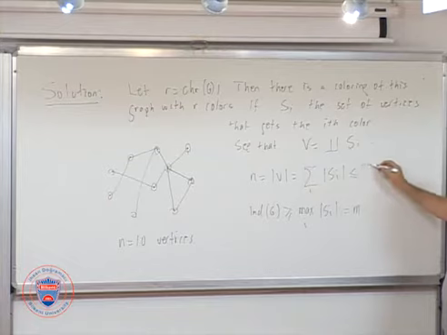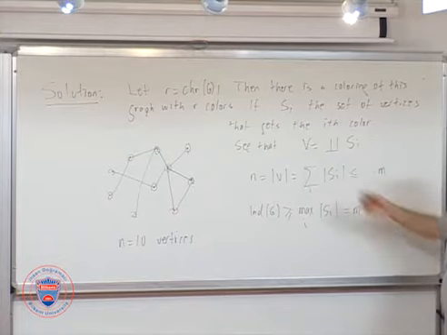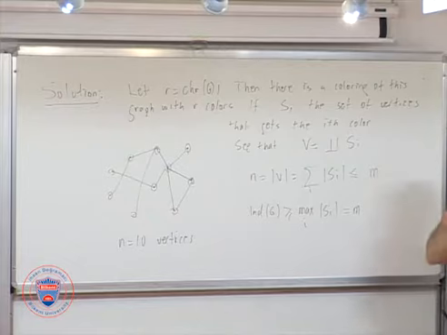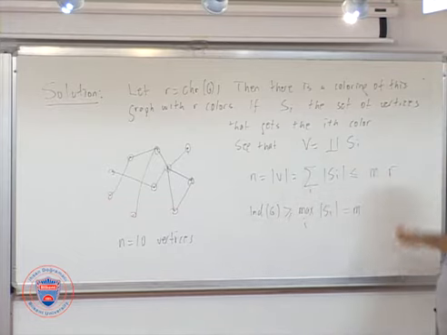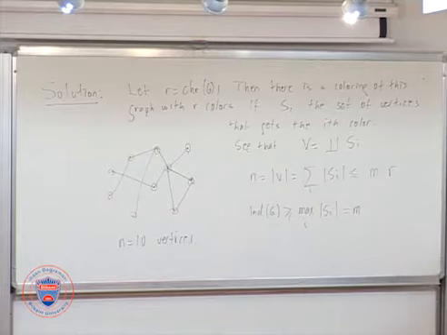So the sum is at most the maximum times the number of things you're summing. But what's the number of things you're summing? How many sets do we have here? You have R sets because this is the chromatic number. Okay. So you see that the maximum times R is bigger than n.